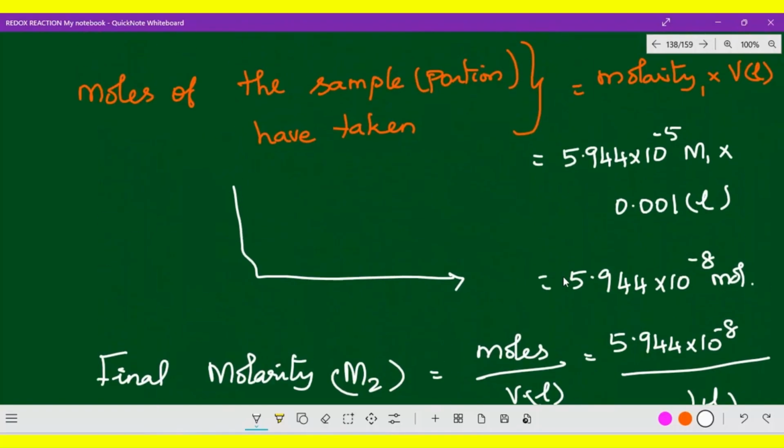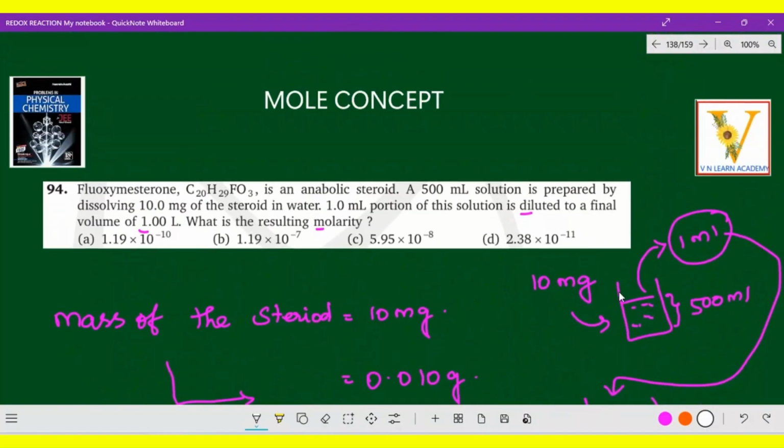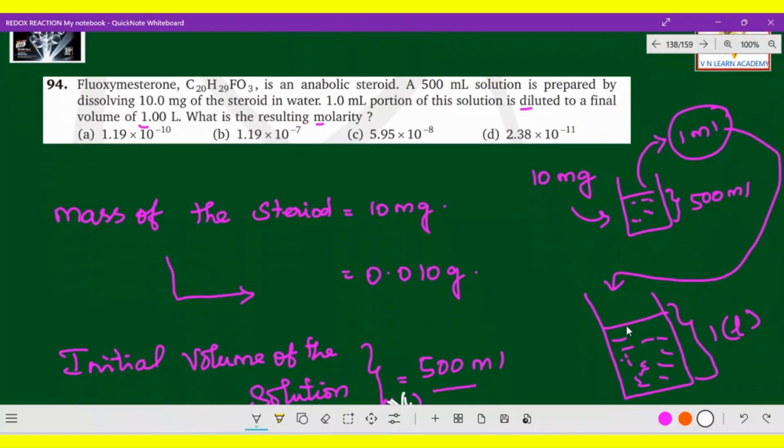I hope you got the clarity. That's why I purposely explained with the diagram so that it is easy to identify. First, it is half liter. Second, from that half liter, one small portion, 1 ml, we have taken and diluted into 1 liter. See, which is the correct option? So option C is the correct option.